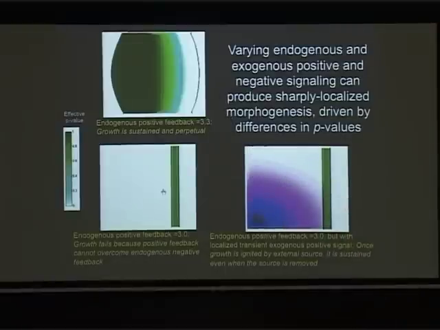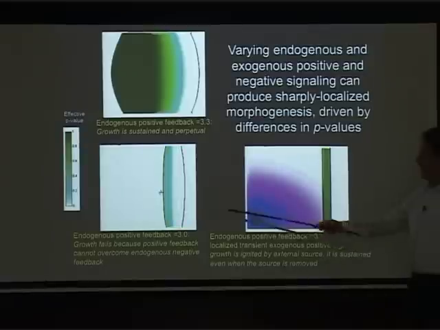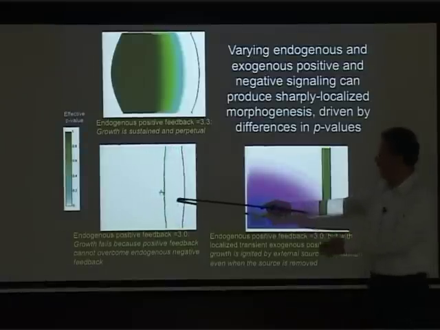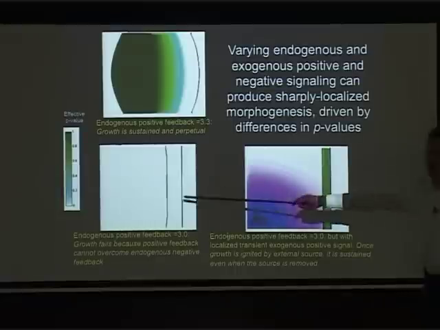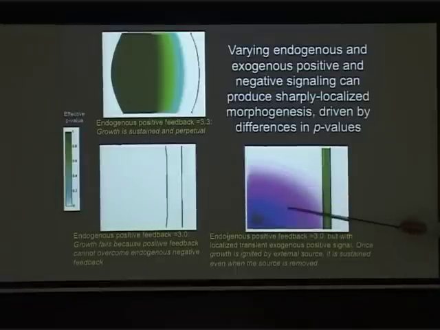You go down just slightly lower in the endogenous positive feedback gain, and the thing can't get off the lower branch and essentially extinguishes itself. The interesting case over here is you have the same parameters as over here, but you have a little bit of an external signal, a source that transiently adds the positive feedback factor over here.